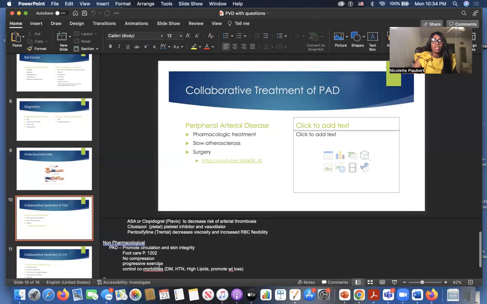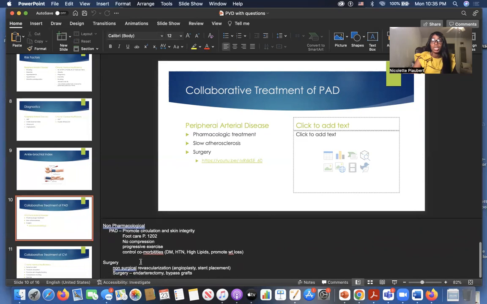But we also have non-pharmacological things we need to do. We're not going to use compression because compression is for valves. We're going to take care of the feet, make sure they wear white socks, make sure they don't put lotion between their toes, and make sure they don't cut their own toenails. We're doing the same thing we would do for a patient that has diabetes.